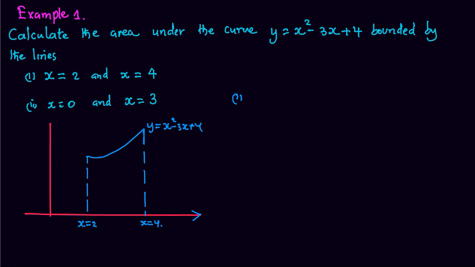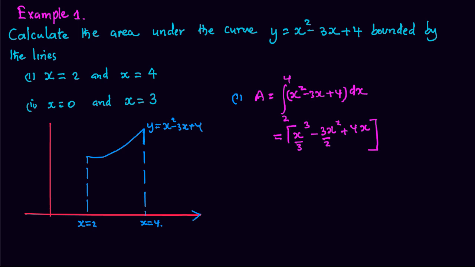So from above, we have found that the area for part 1 is the integration with 4 as the upper limit and 2 as the lower limit of x squared minus 3x plus 4 dx with respect to x, which gives us x cubed over 3 minus 3x squared over 2 plus 4x, limits 2 to 4.